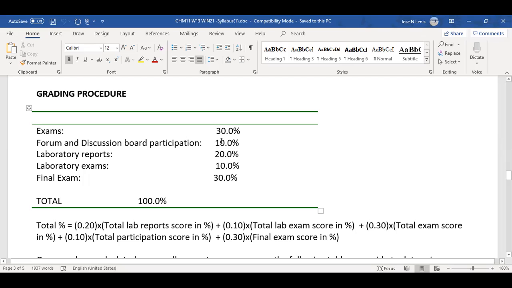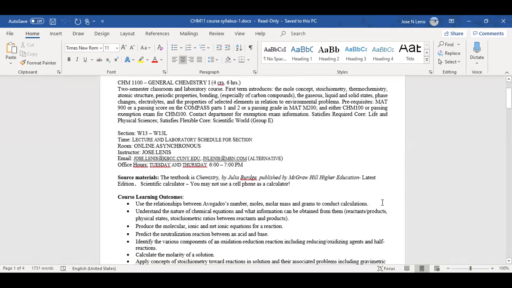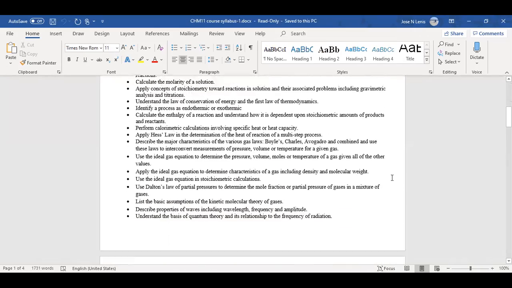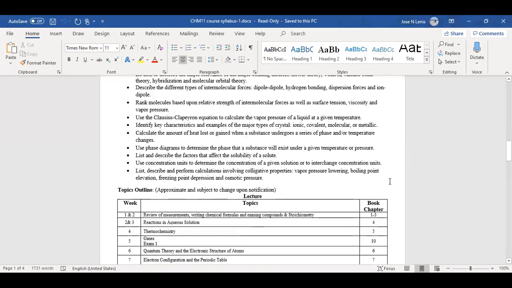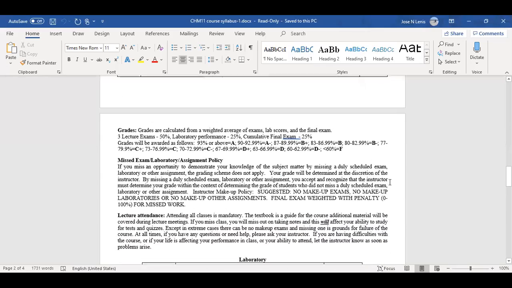The percentages that we currently use are the ones listed in the original syllabus. Let me show you that. So I'm going to fix that. I'm going to take this down and upload the right one. I already have it, but obviously I uploaded the wrong one.